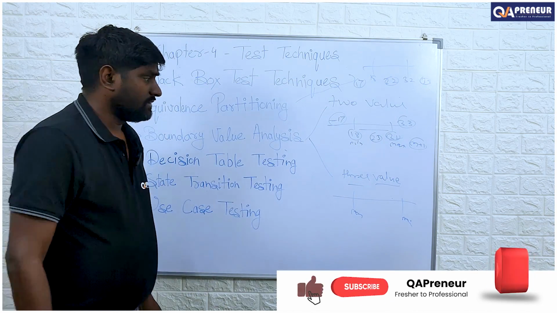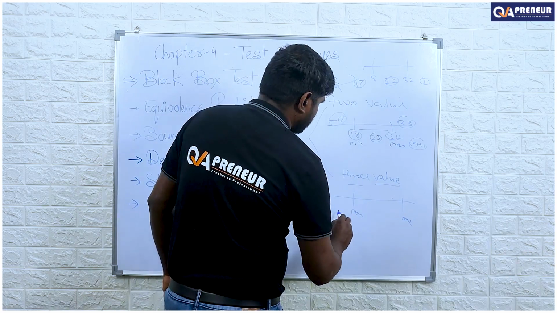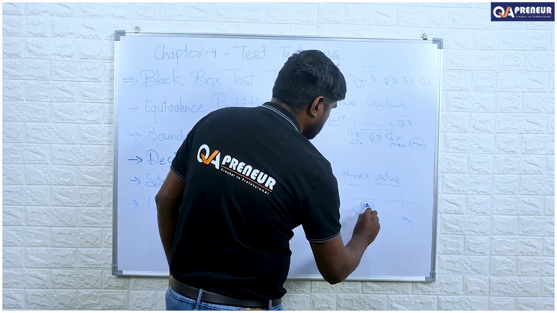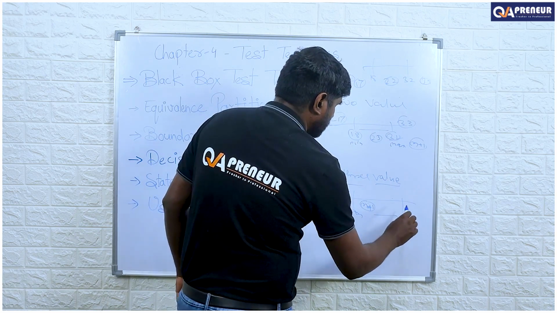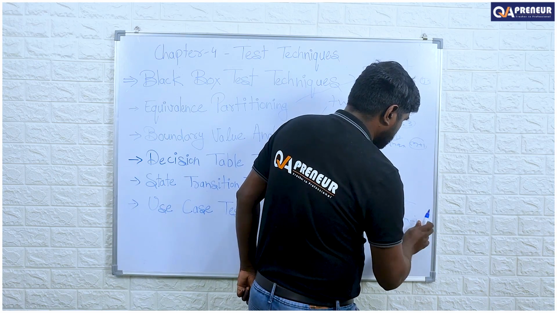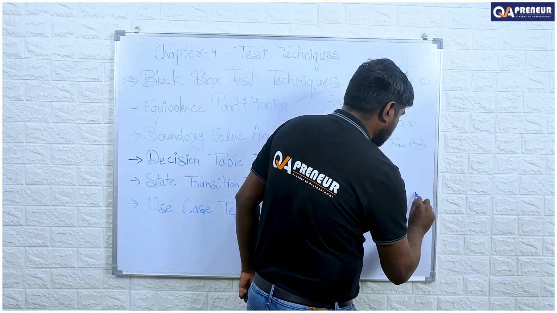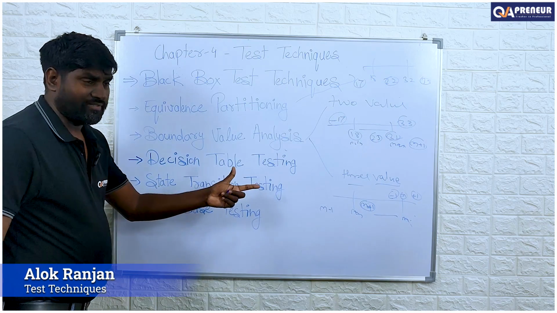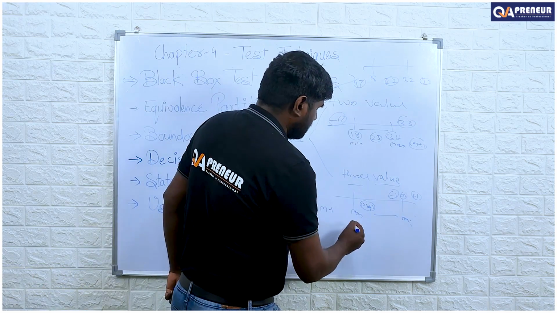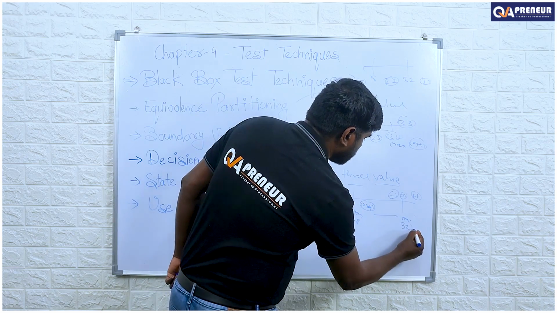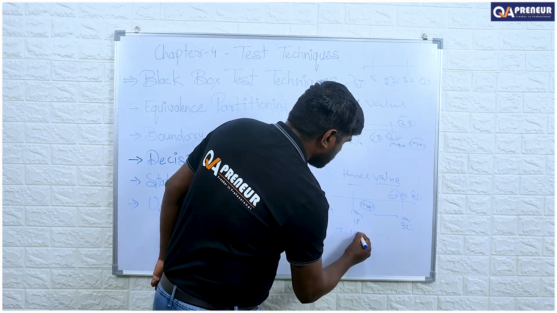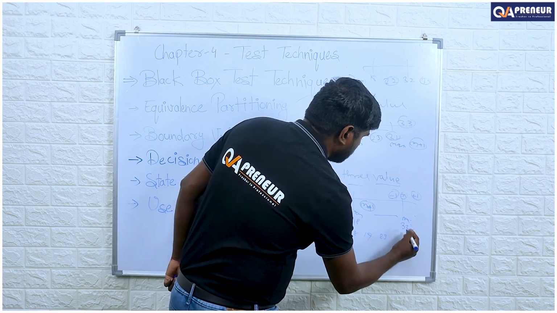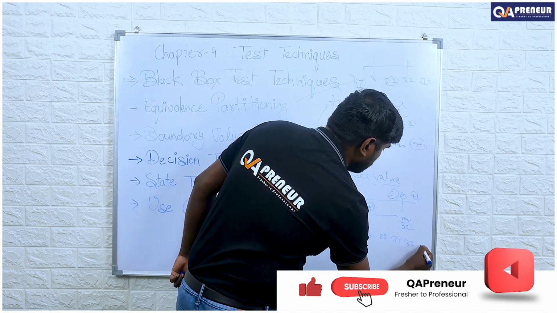For three value data, what do we need to do? We consider minimum -1, minimum, minimum +1, any value in between, maximum -1, maximum, and maximum +1. So with 18 and 32, we have 17, 18, 19, any value in between, let's say 23, 31, 32 and 33.